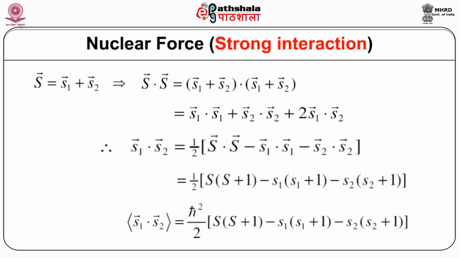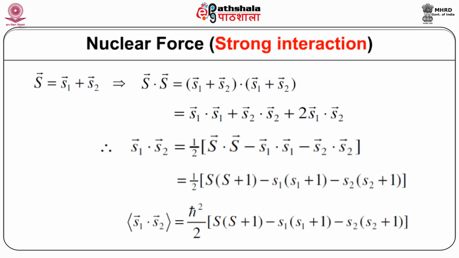In this slide we are going to find the expectation value of the S1 dot S2 component. Here some calculations are shown: S is equal to S1 plus S2, which implies S dot S is equal to (S1 plus S2) dot (S1 plus S2).